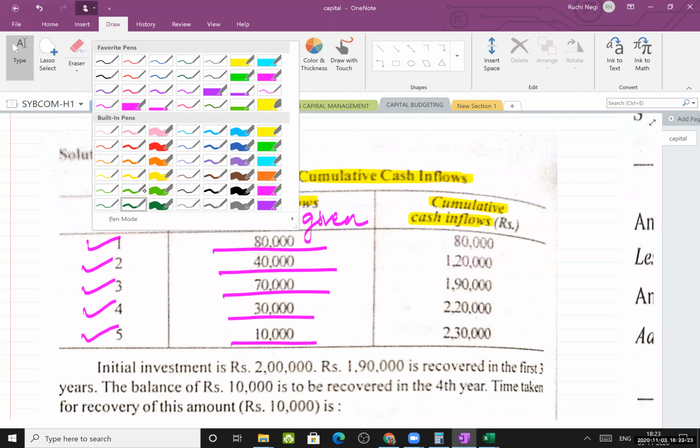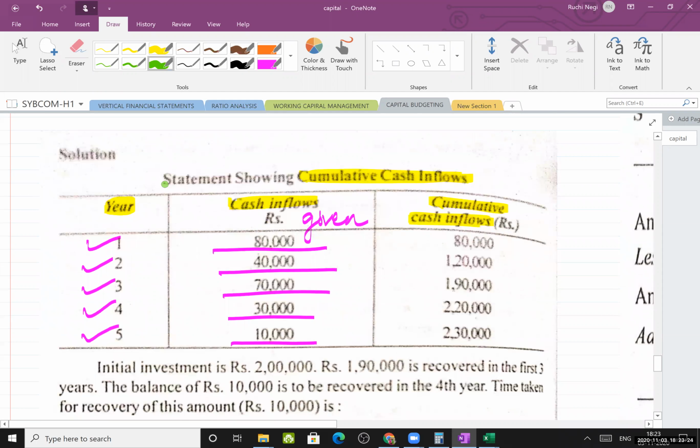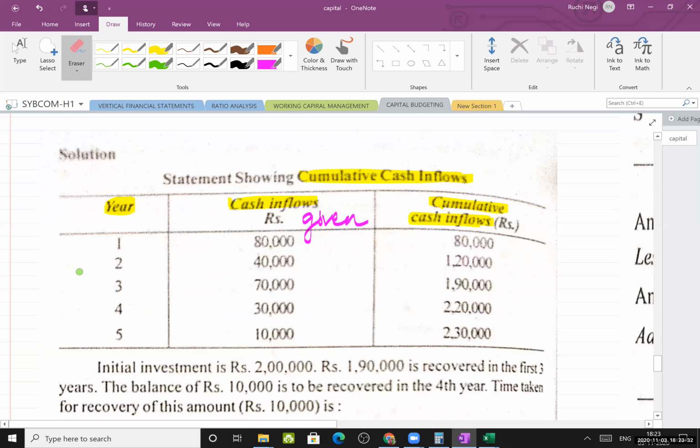Now look here. Pay attention. 80. Then 80 plus 40 is how much? 1,20,000.